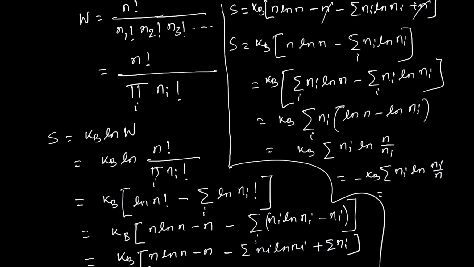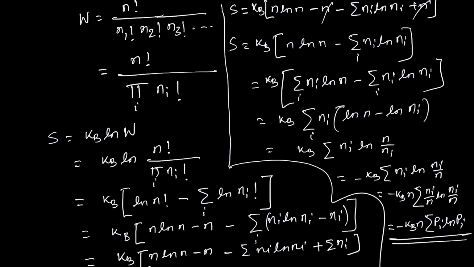Let us multiply and divide by N. So, minus k_B N times the sum of n_i by N ln n_i by N, equal to minus k_B N sum of p_i ln p_i, and that is the proof.